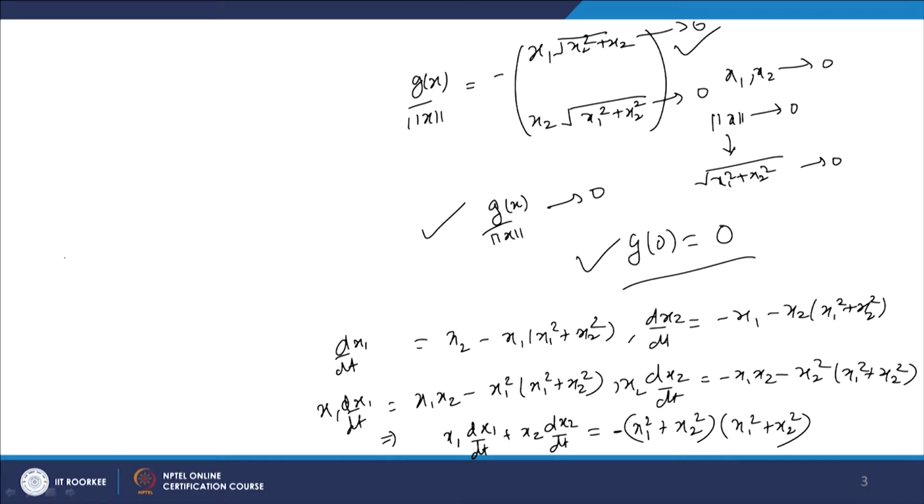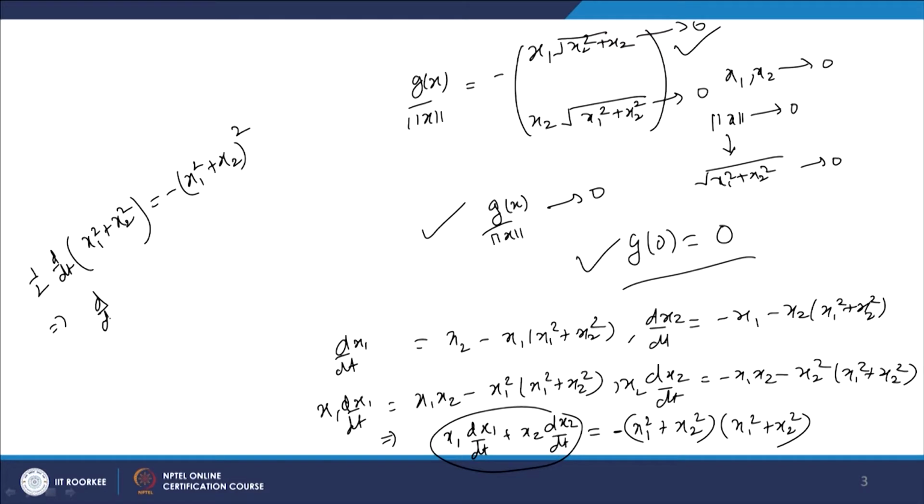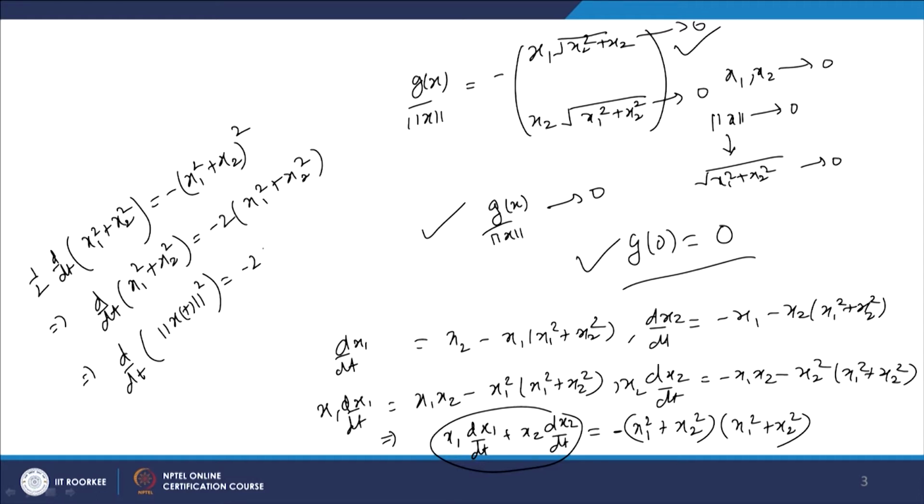Now I can write this as 1 upon 2 d by dt of (x1 square plus x2 square) equal to minus of (x1 square plus x2 square) whole square. So d by dt of (x1 square plus x2 square) equals minus 2 times (x1 square plus x2 square) whole square. Basically, d by dt of norm of x(t) square equals minus 2 times (norm of x(t) square) whole square.